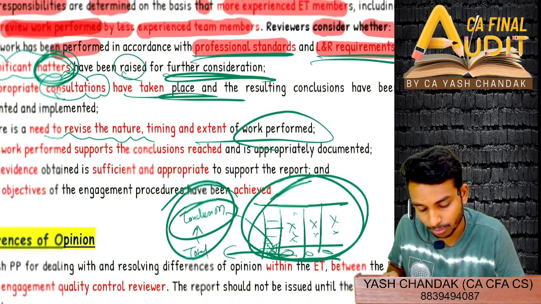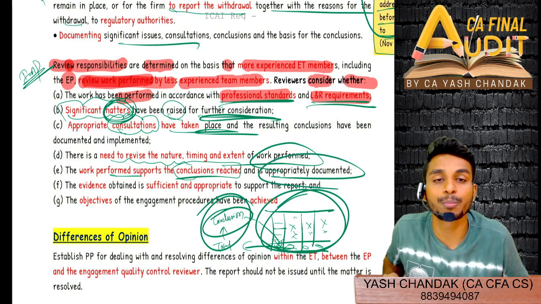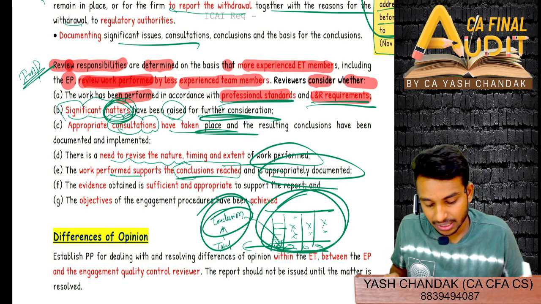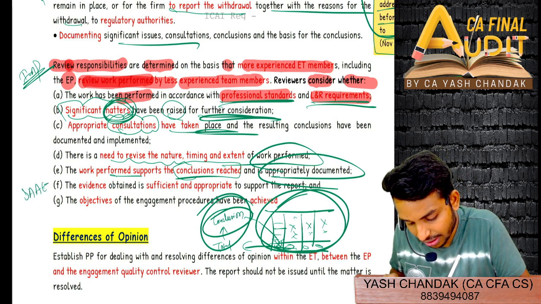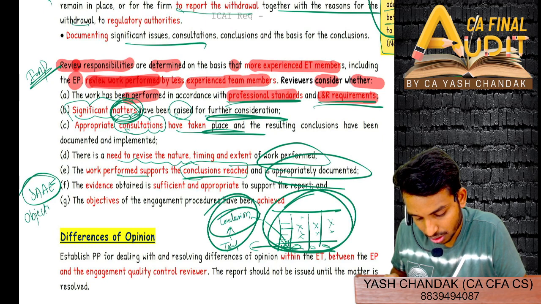The working's conclusion should be documented as well. The work performed supports the conclusions reached and is appropriately documented. Then you have obtained sufficient appropriate audit evidence, and the objective is achieved. Whether the objective has been achieved or not.